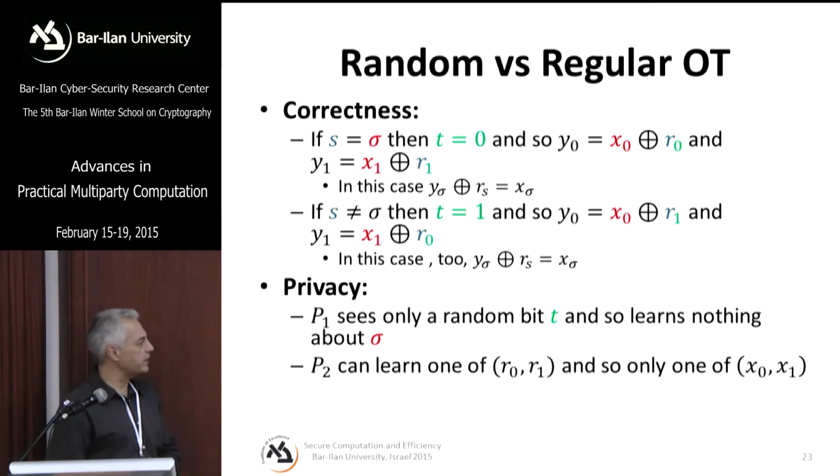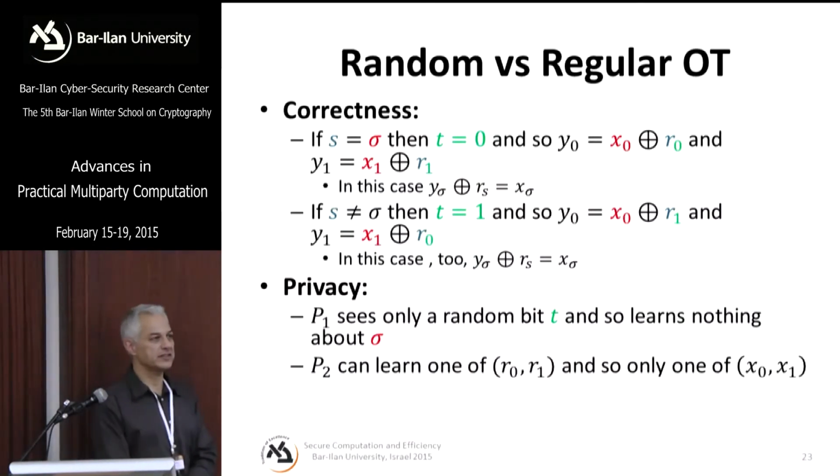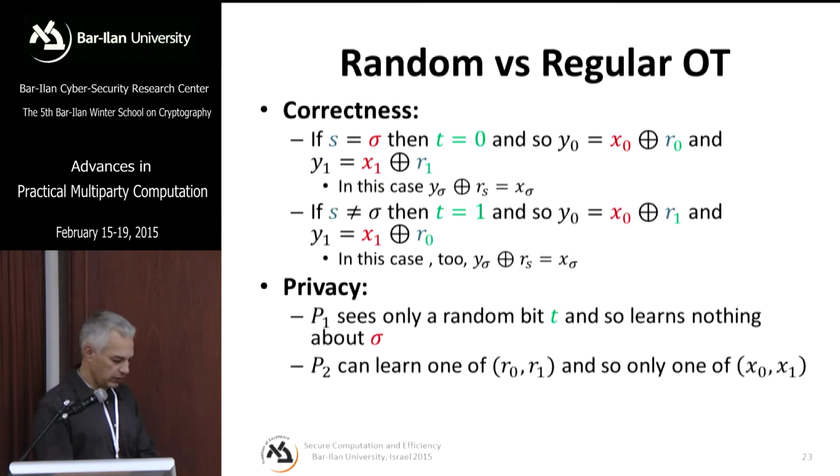And what P2 sees is one item encrypted with R0 and one item encrypted with R1, and he also gets to learn either R0 or R1. So obviously he can only decrypt one of the two items, not both of them. So this shows that this random OT that was computed in Beaver's protocol is sufficient to implement a regular OT.